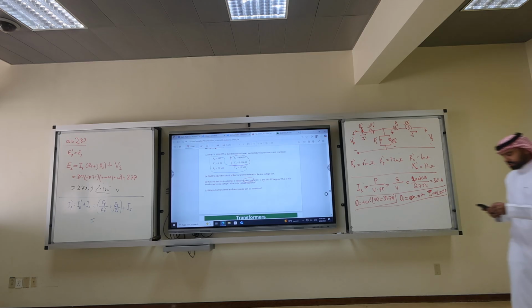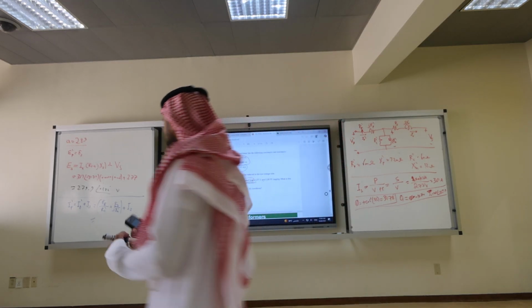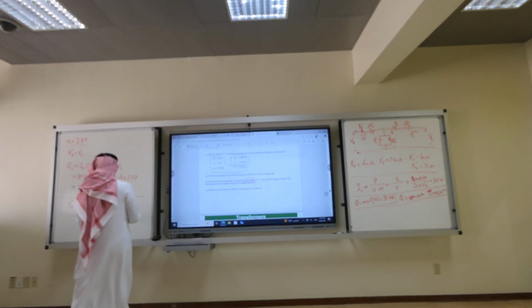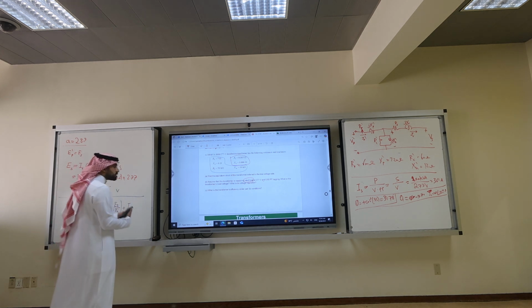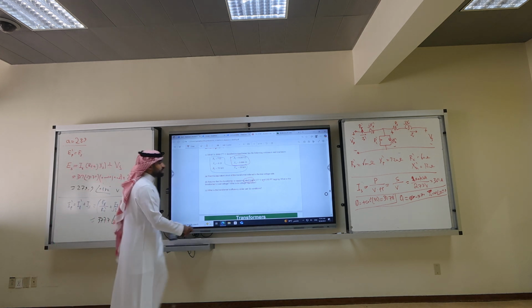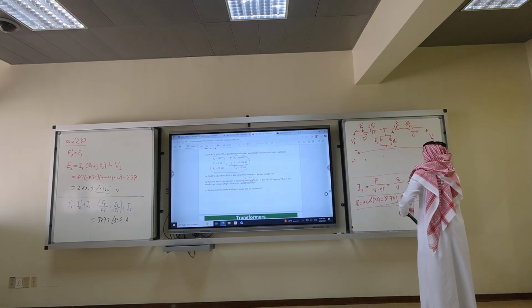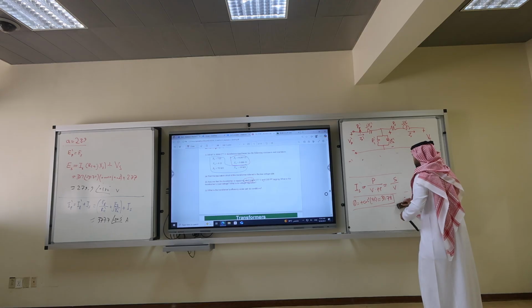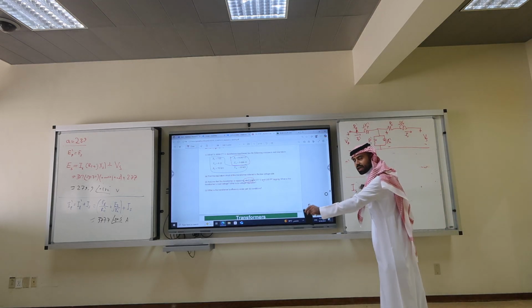So what is IP? 377.7 at angle minus 34.5. The smart student would carry this information and develop a new KVL, right? Remember, it's a KVL, and then a KCL, and then another KVL.